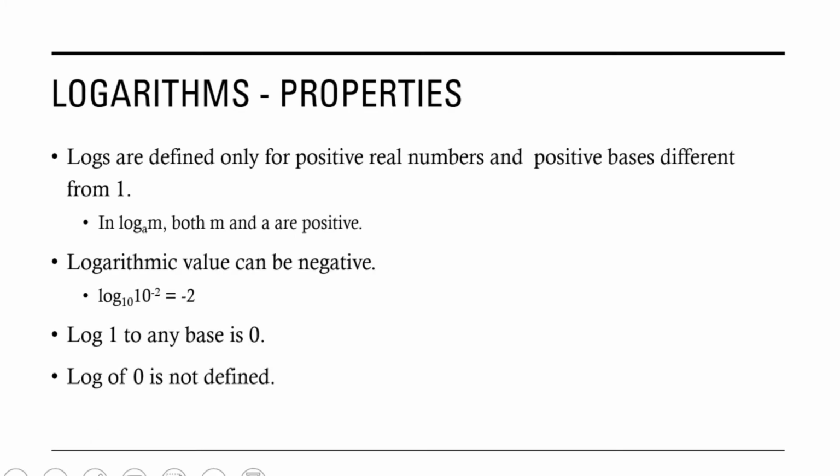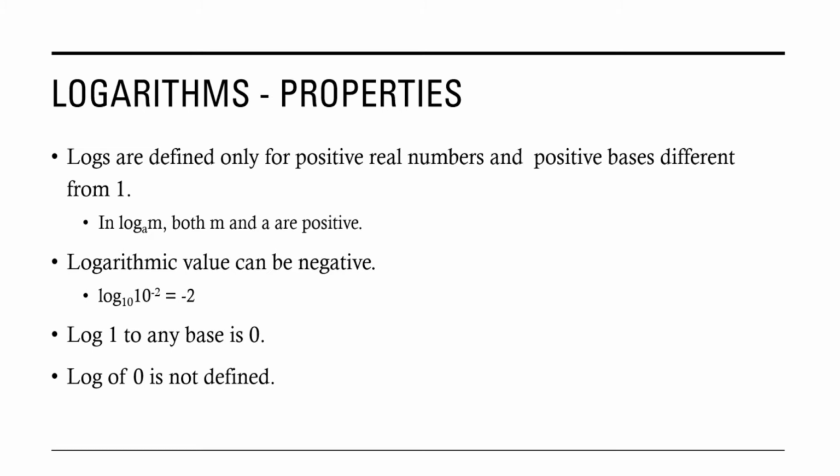Here we will see a few properties of a logarithm. Logarithms are always defined only for positive real numbers and positive bases different from 1. So, if you take any logarithmic value log m to the base a, both m and a are positive.